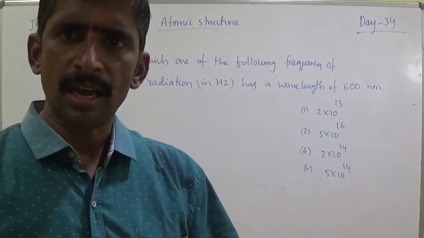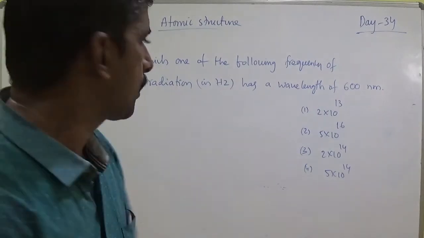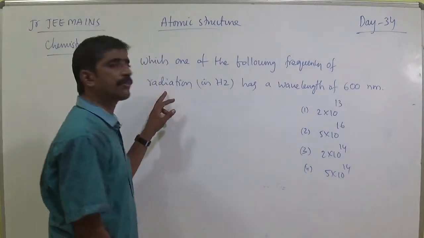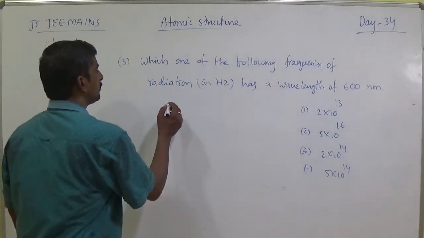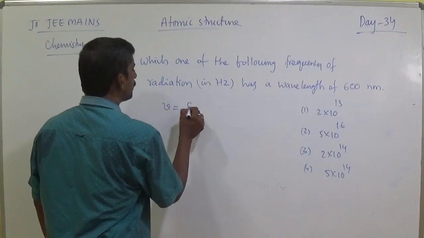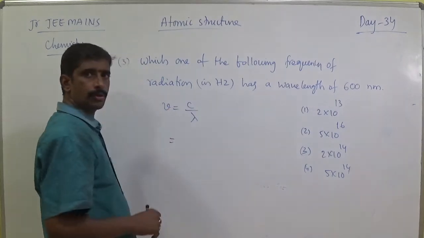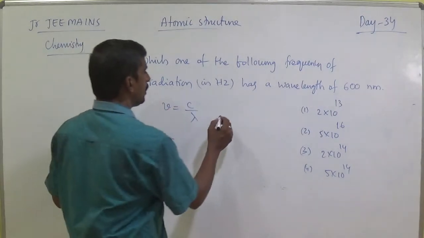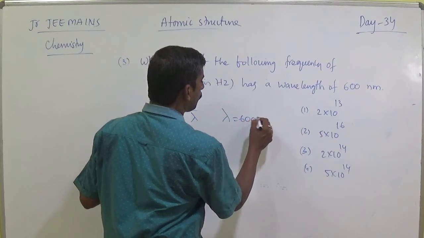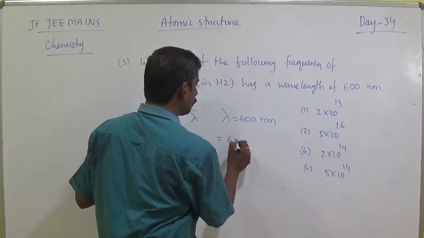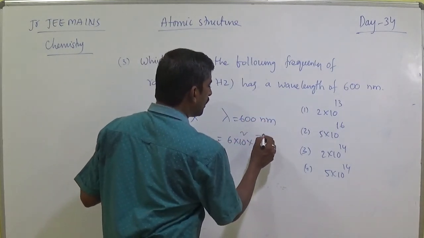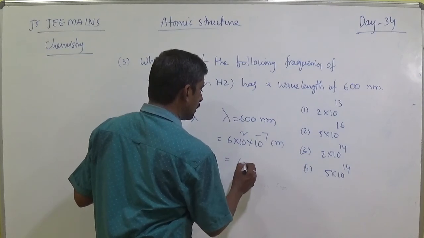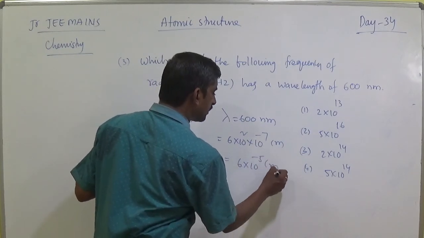Here in this case they gave lambda in nanometers. They asked for frequency. How can we calculate frequency? Generally frequency nu equal to c by lambda, same as before, but they gave nanometers. Lambda equal to 600 nanometers means 6 into 10 square. 1 nanometer equal to 10 to the power minus 7 centimeters, so 6 into 10 to the power minus 5 centimeters.